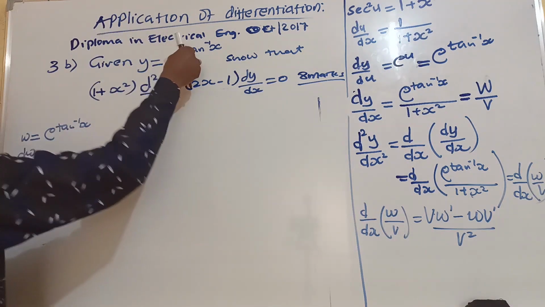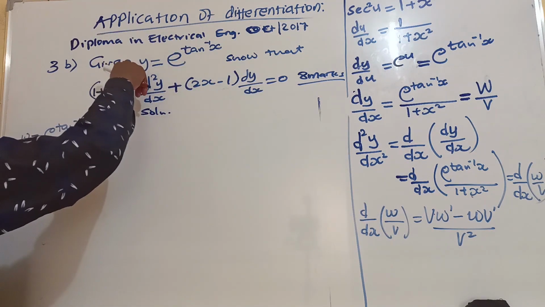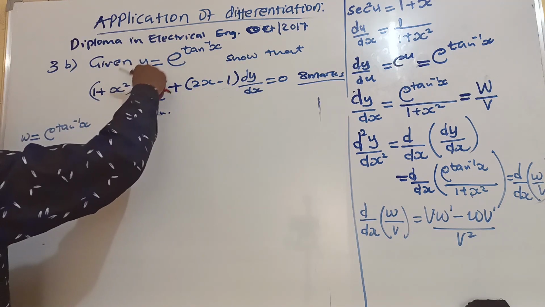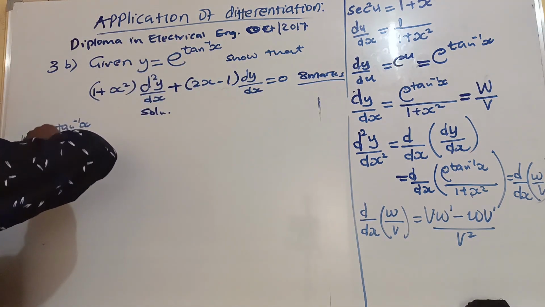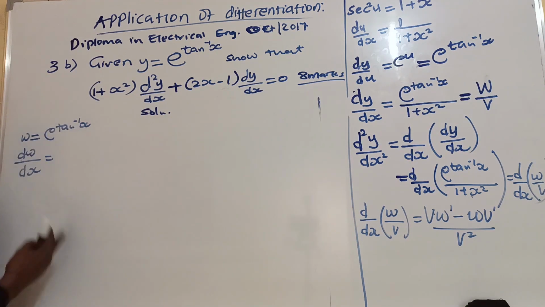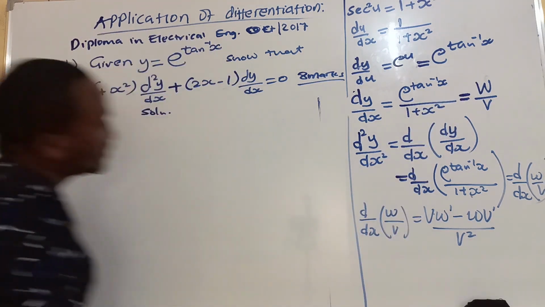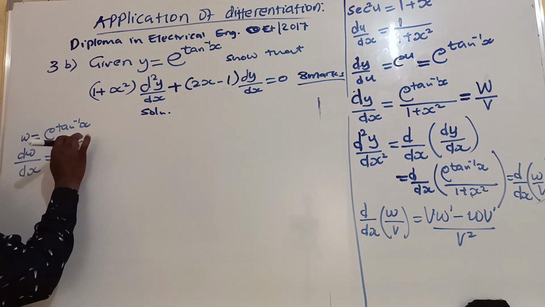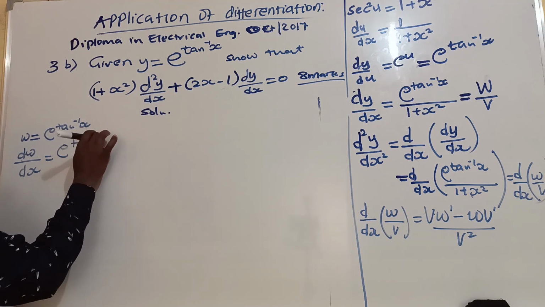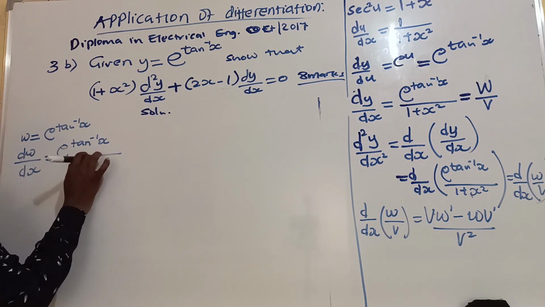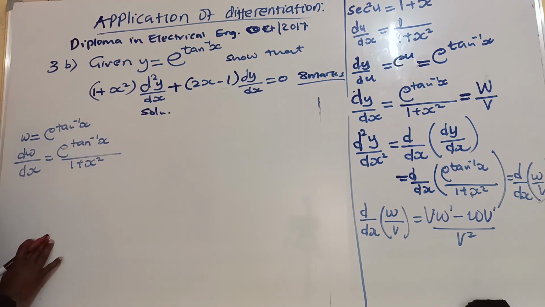Only that initially we were calling it y. So y is equal to this, W is equal to this, and it's exactly the same thing we are differentiating again. Do we really need to do all that work? No. Just give the result: exponential tan inverse x all over 1 plus x squared. Simple.